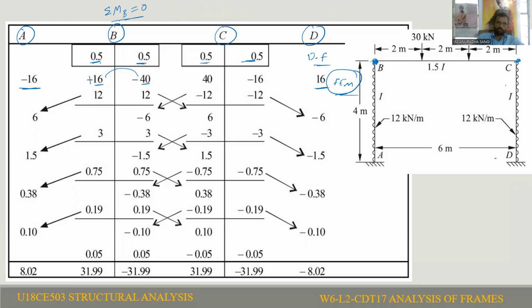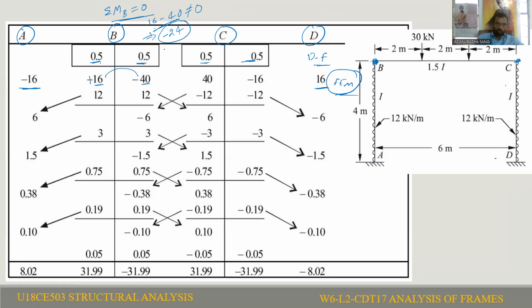That is the joint equilibrium equation. But plus 16 minus 40 is not equal to 0, so there is some unbalanced moment. We calculate it by adding these two: minus 40 plus 16, that is minus 24 kilonewton meter, the unbalanced moment.